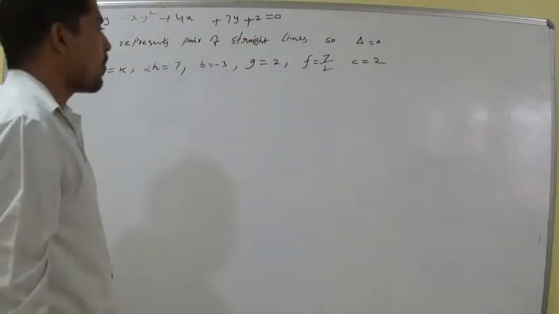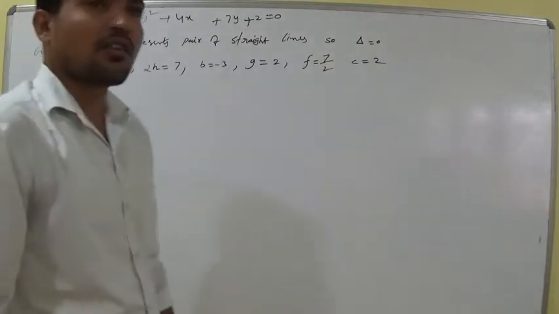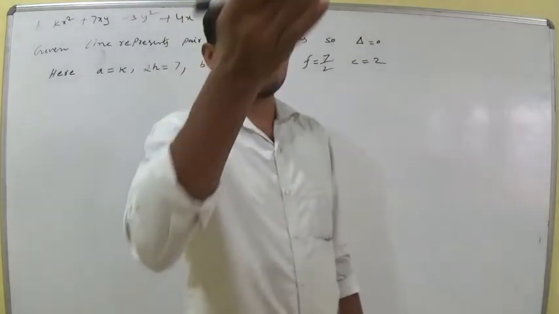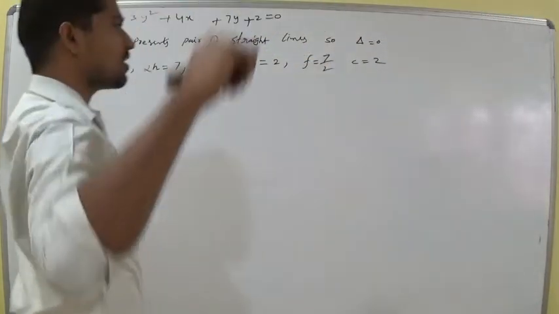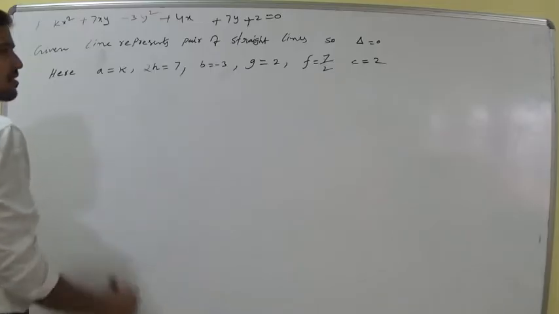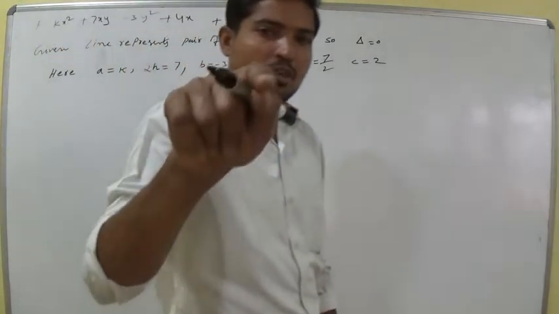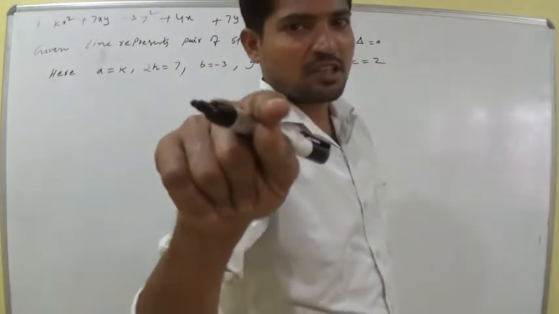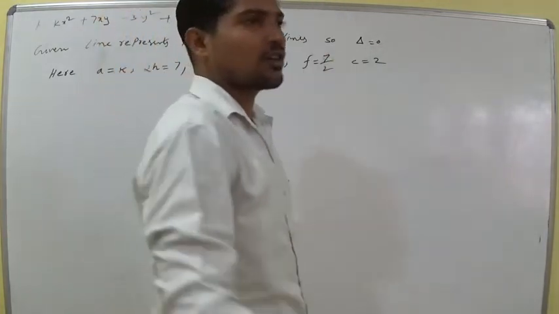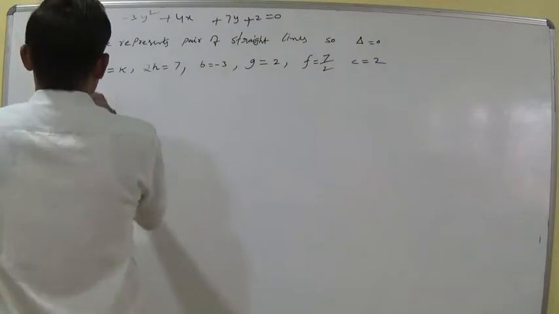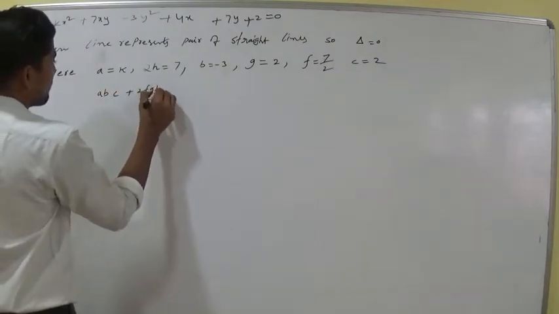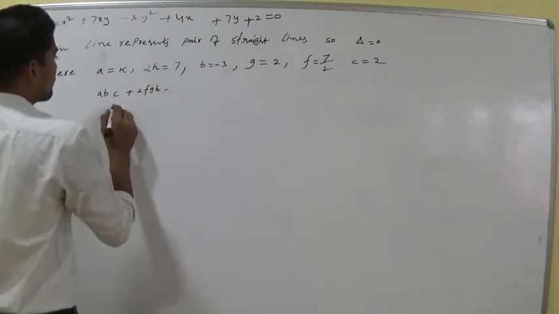See, given equation represents pair of straight lines, delta is equal to 0. Substitute the values in delta is equal to 0. So what is delta here? abc plus 2fgh minus af square minus bg square minus ch square is equal to 0.